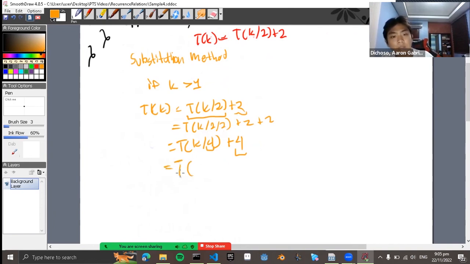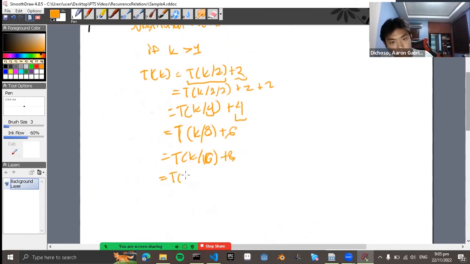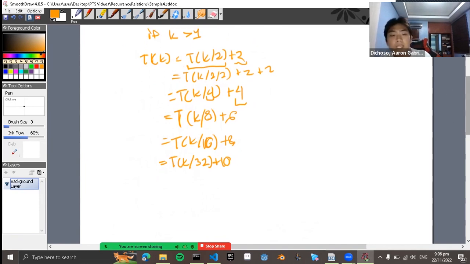If we continue on to find the pattern, we would see na this would become t of k over 8 plus 6, t of k over 16 plus 8, t of k over 32 plus 10. Now, ito na yung pattern niya.